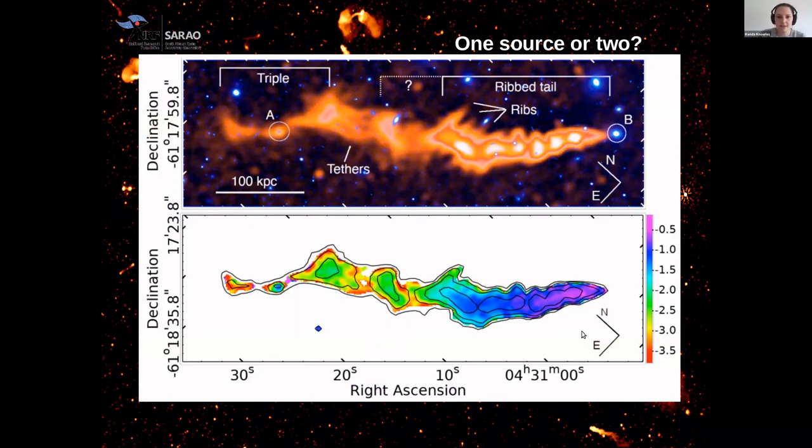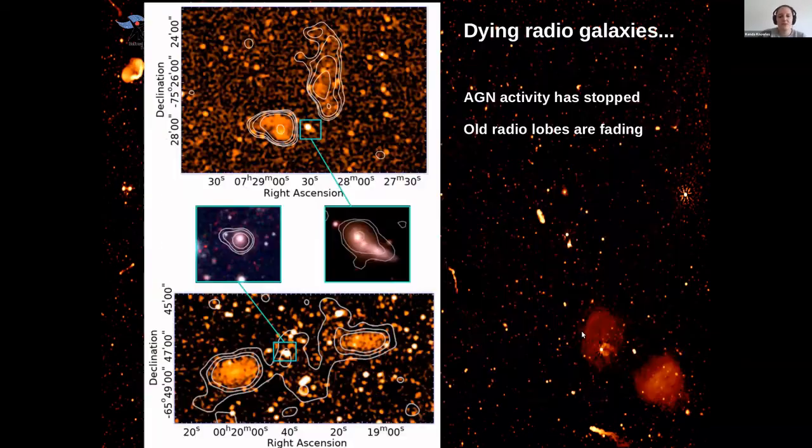So again, further investigation. And then I just wanted to mention, in terms of the surface brightness sensitivity, we've used it a lot for diffuse emission in galaxy clusters, but it's also really powerful for picking up dying radio galaxies. So these are galaxies where you had AGN activity, but this activity is now stopped for some reason. Nuclear activity in the black hole is switched off.